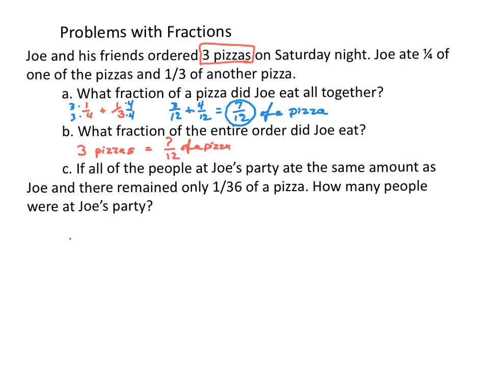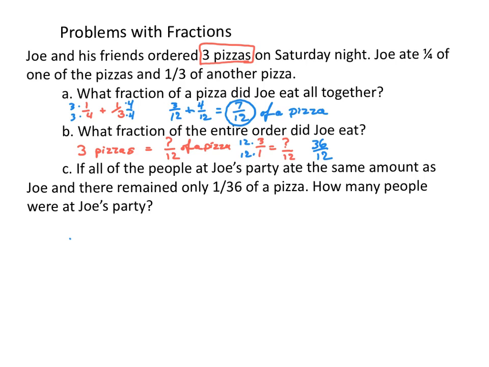Well, 3 is 3 over 1. And 3 over 1 is how many over 12? Okay, so this is an equivalent fraction problem. So we're going to multiply this by 12, which means we have to multiply this by 12. Right? 3 times 12 is 36. So that's 36 twelfths is the whole order.